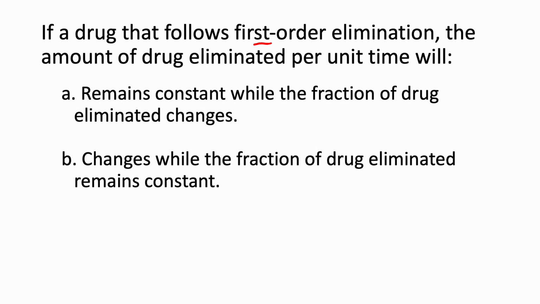Remember, in first order elimination, the K, the rate, is represented as the fraction of drug per time, and the K is a constant value. So in first order elimination, the percentage of drug removed per time is constant. However, the amount of drug can change. So for this question, the correct answer is B.